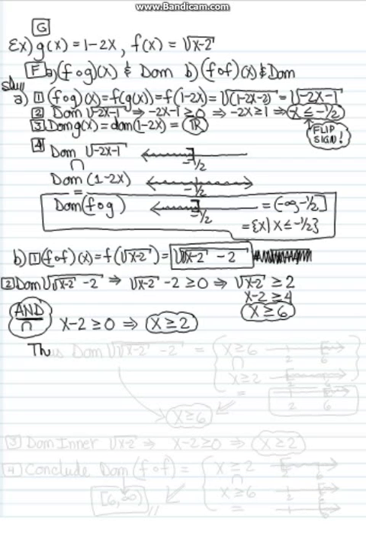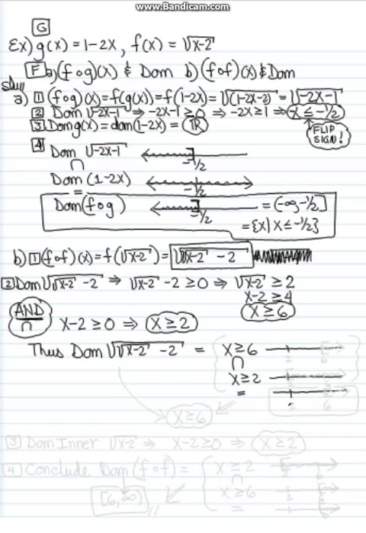So the domain for the big square root of the little square root of x minus 2 and then minus 2 is equal to x greater than or equal to 6 intersected with x greater than or equal to 2. Together will give us our domain of the formula.